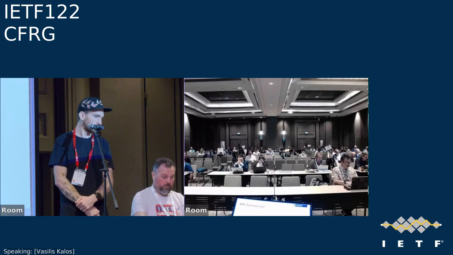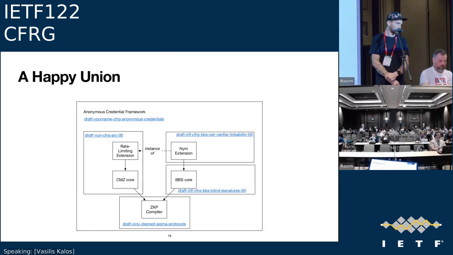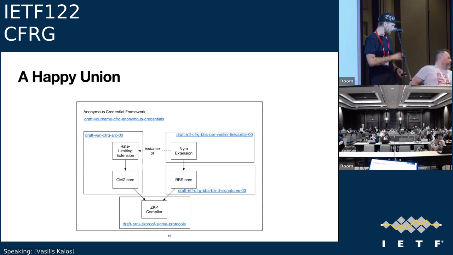We had this discussion offline as well, so it's more of a question for the group because, as Chris mentioned, you can have this ARC construction based on CMZ or privately verifiable BBS. Should we do this work of having different instantiations based on different cryptographic protocols, or is CMZ just fine?